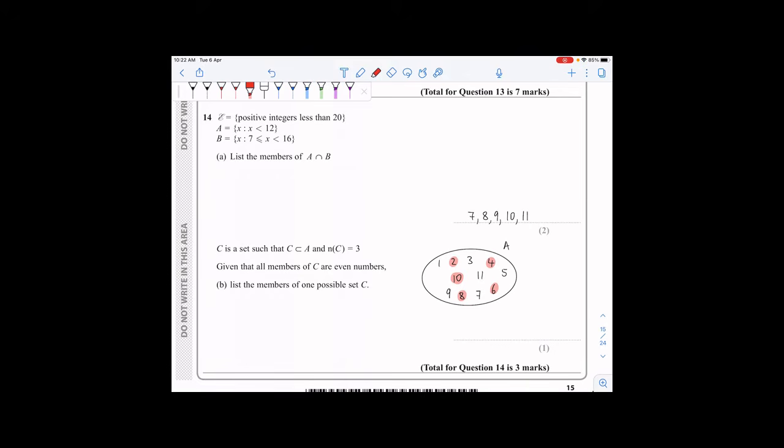We need to list the members of one possible set C. Just by the phrasing used here, one possible set, it means that we've got multiple answers that could qualify for the 1 mark here. I'm just going to give 2, 4, 6, but you can pick any 3 even numbers from what we've highlighted here, and that will still be a correct answer.